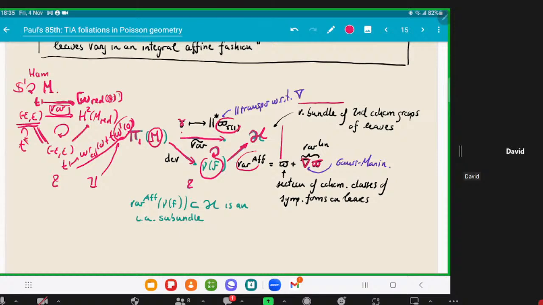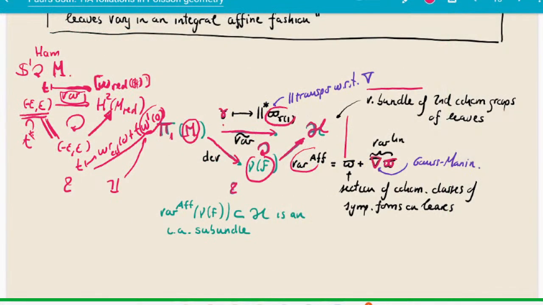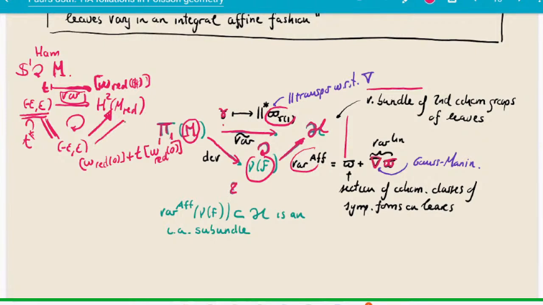And that part here is really the linear variation. So what you do is you're basically centering the problem at the value t equals 0, and you compute the cohomology class of the reduced space at that point, plus t times the derivative, the infinitesimal variation at that point. And that's a map that goes from here to here.